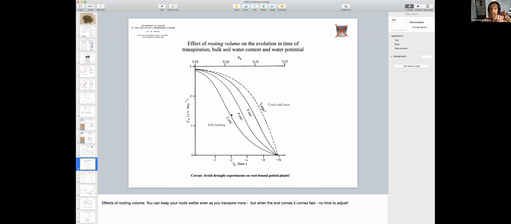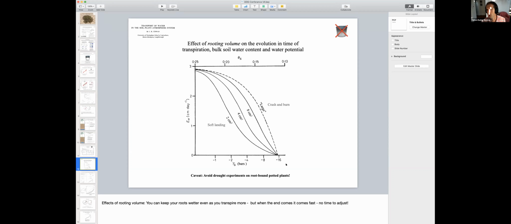You don't see a signature of rooting volume in those. You only see it when you're considering the time domain. Because if you're on this large rooting volume curve here, you are able to keep your root zone wet for longer, you transpire more, so everything's better. There's nothing better, except that at some point you crash and burn.